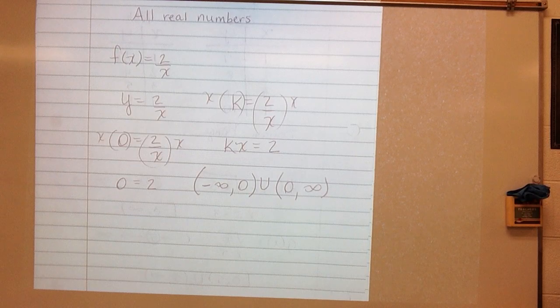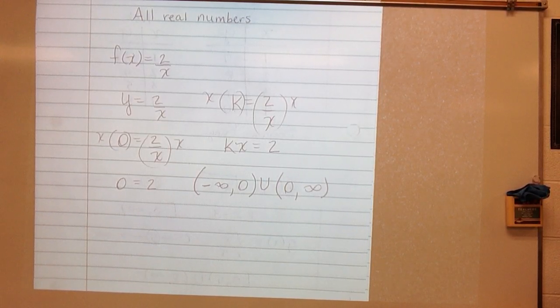Alright? And if you'll go to the other page, there's a little bit more of an explanation. It says it's because there's more than just a hole there. And no matter how we try to redefine that function, there's going to be that gap. Then you have infinite discontinuity. Look at that graph.